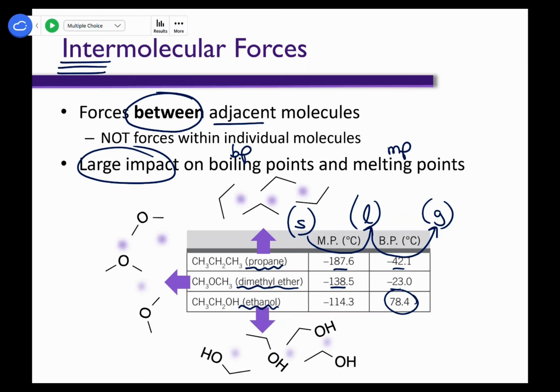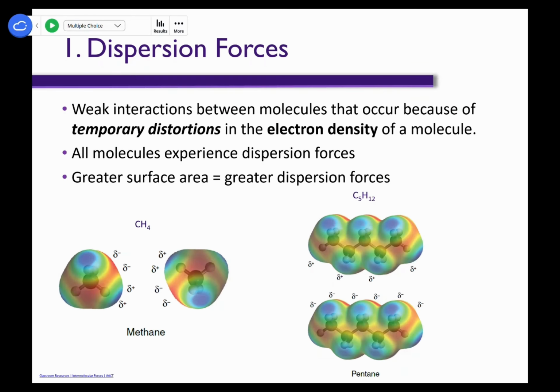But propane boiling at -42 versus ethanol boiling at almost 80 degrees Celsius, that's a huge temperature difference. We have to put in a lot more energy to disrupt the intermolecular forces between ethanol molecules. And so we're going to talk about what those forces are.